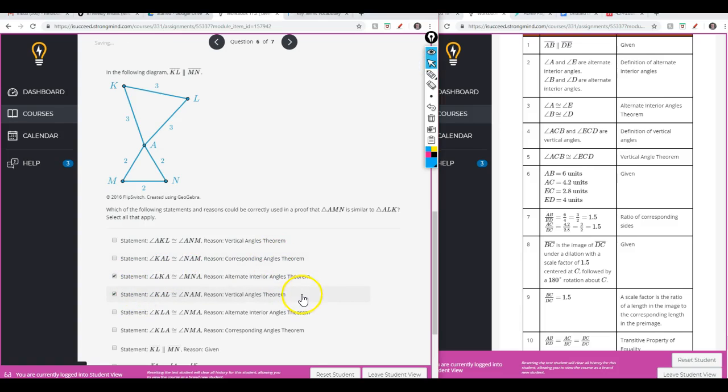And then we know that there's going to be one more angle, because to prove triangles are similar, you have to talk about all three angles being congruent and the side lengths having proportionality. So angle KLA, and NMA, sorry, dyslexia is kicking in pretty good right now.